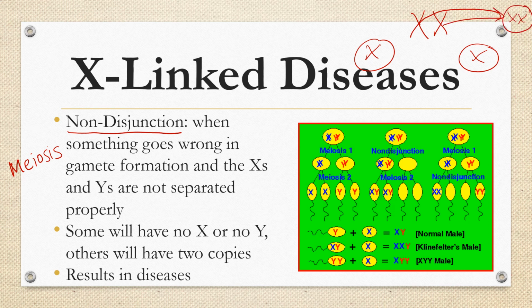So one of my cells had too many, and the other one had none. So this can end up with really interesting cases like 2 X's and a Y, or 3 X's, or 1 X and 2 Y's. There's a lot of different genetic disorders that can pop up.